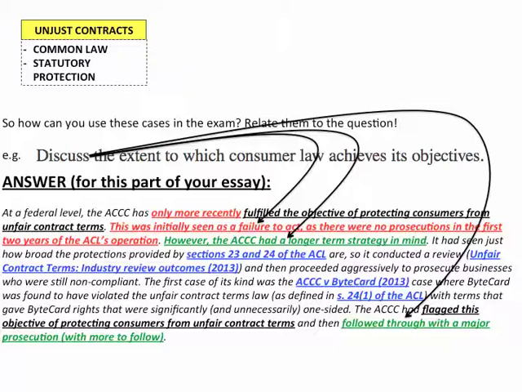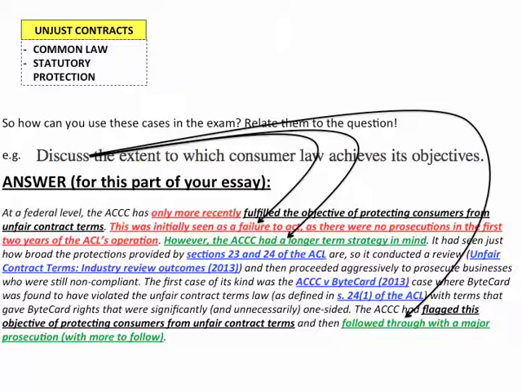This was initially seen as a failure to act, as there were no prosecutions in the first 2 years of the ACL's operation. However, the ACCC had a longer-term strategy in mind, and then it goes through the review that they did and the bite card case. They successfully prosecuted that case, and followed through with further prosecutions from there. So this is how to use the cases plus the law to answer a question.